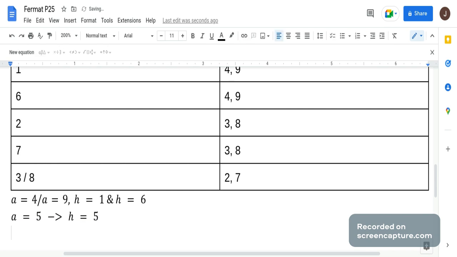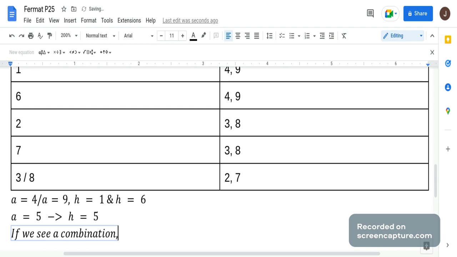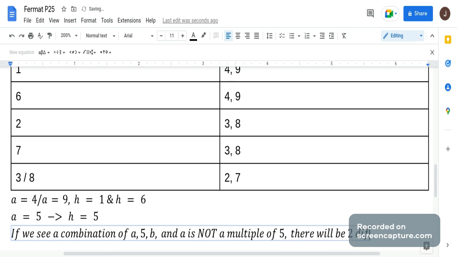So what conclusion can we draw here? If we see a combination of A, 5, B, and A is not a multiple of 5, there will be 2 different values for B. You must remember this central concept here.